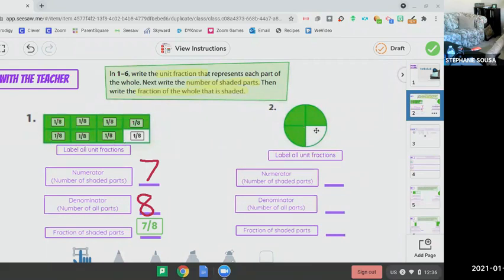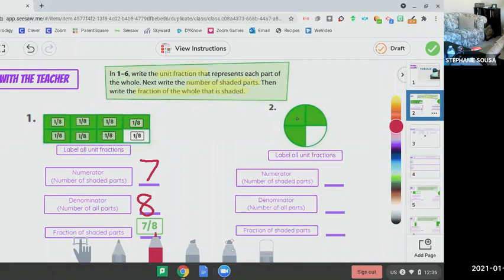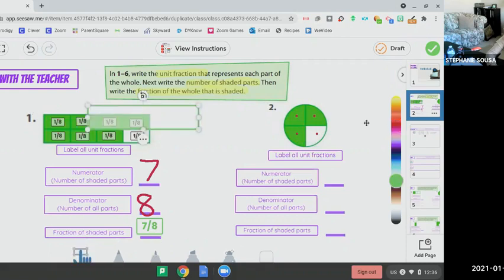Next up, label all unit fractions. Look at this circle. Get your pen ready. Let's put a dot in each piece. 1, 2, 3, 4. There are 4 parts. So my unit fraction, the name of one piece, is going to be 1/4.